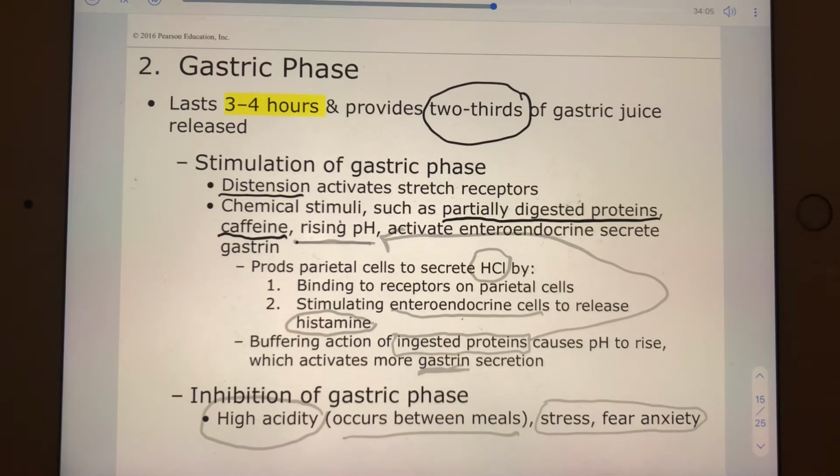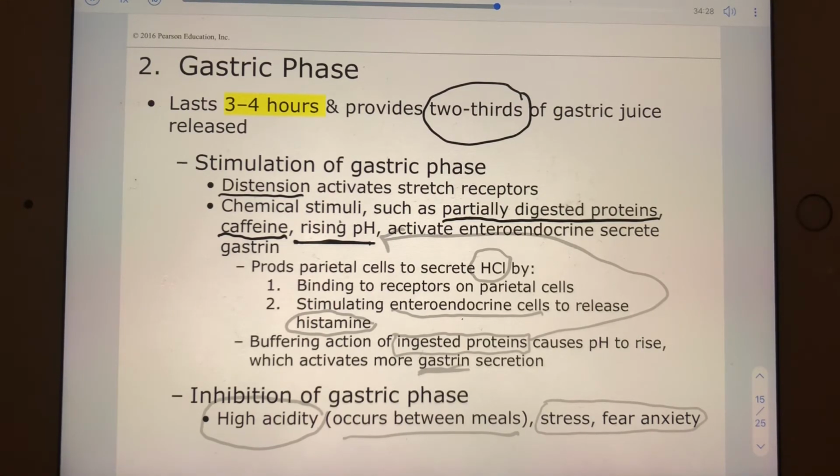An increase, I should say, in pH, which means a move toward more basic or alkaline conditions. It also means that hydrogen ion levels are dropping, will stimulate the gastric phase.